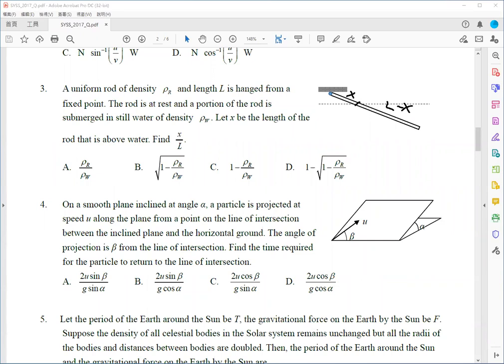So the weight is at the center of the rod, maybe somewhere here, and then the buoyancy is at the center of buoyancy, or just say the geometric center of the part under the water surface. So that is the center of this part. This is the force of buoyancy.